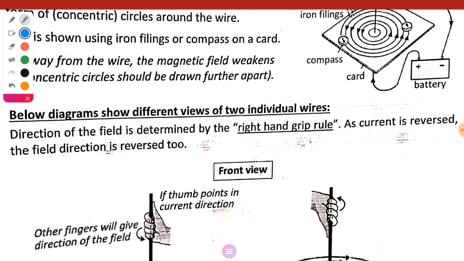Below it, show different views of the two individual wires. The direction of the field is determined by the right-hand grip rule. As the current is reversed, the direction is reversed too.